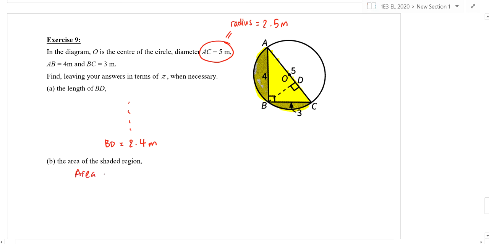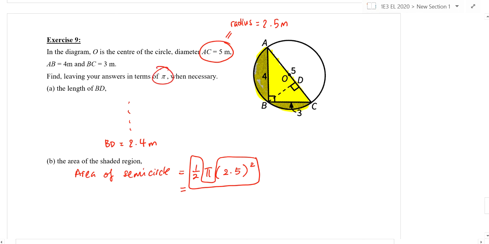Area of semicircle equals half times the area of a circle, which is pi r squared, radius 2.5 squared, half times pi r squared. So we're going to input this portion into the calculator. We don't want to touch the pi because they want our answers in terms of pi.